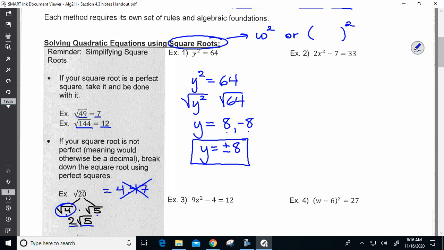So you do have to include plus or minus when you give your answer. If you don't put plus or minus, then you're only giving one answer, which is wrong. So example 1, fairly basic example.